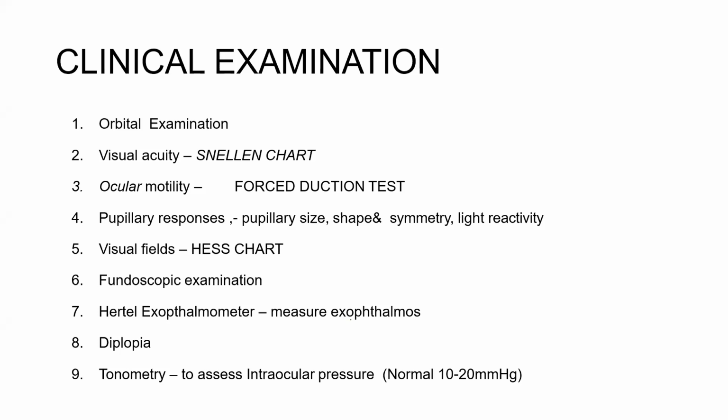The visual fields have to be charted with Hess charting, along with fundoscopic examination, and Hertel's exophthalmometer to measure the enophthalmos. If there is a fracture in the lateral wall of the orbit, then Nagel's exophthalmometer can be used.